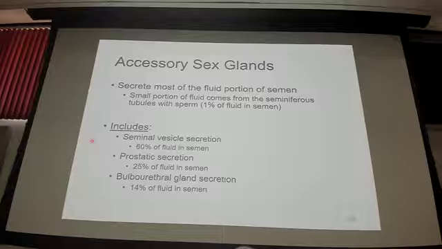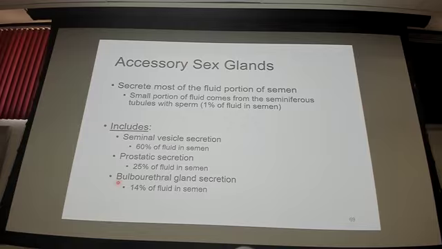The vas deferens comes up and around the bladder, dips under the ureters, and then hooks into the ampulla. The vas deferens becomes the ampulla, and then that leads into the ejaculatory duct, where the seminal vesicles inject their fluid as well, right? Okay. Prostatic secretion a little bit, and bulbourethral gland. The other name for the bulbourethral gland is the Cowper's gland.